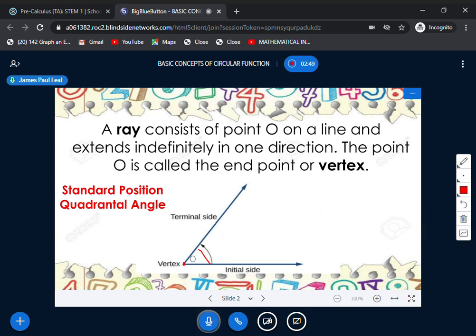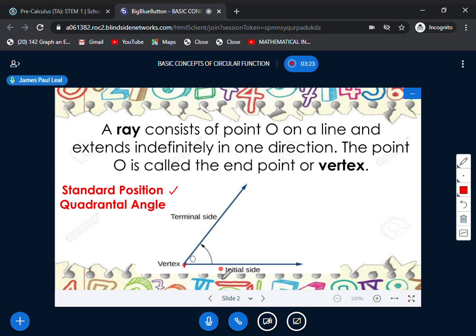In addition, we have here the standard position. How are we going to identify if it is in standard position? An angle is said to be in standard position if its vertex is at the origin of the rectangular coordinate system and its initial side coincides with the x-axis. But before that, let me give you the concept of initial side and terminal side.